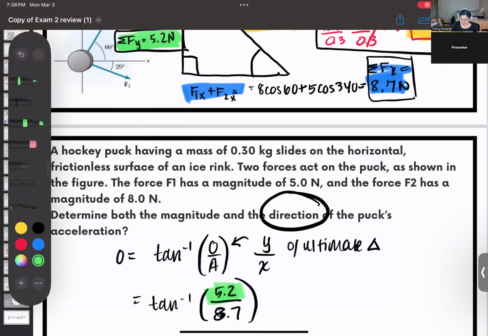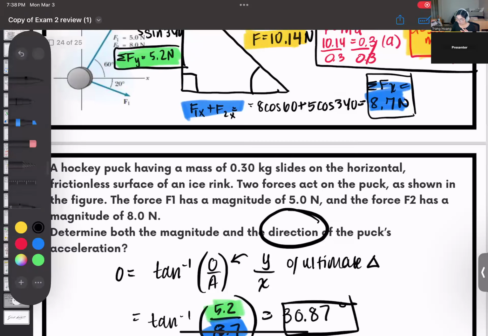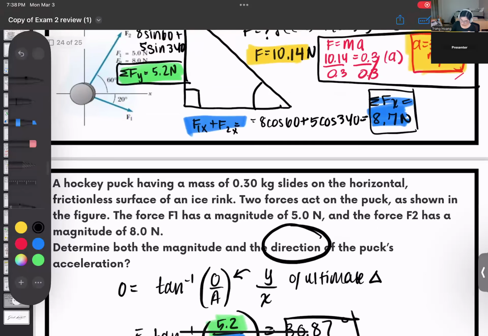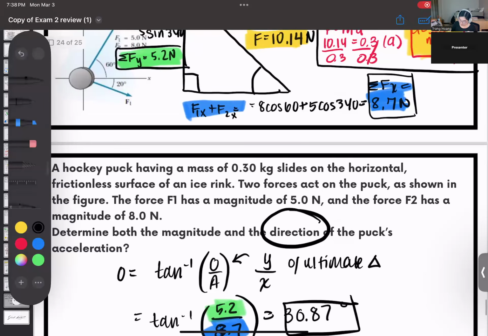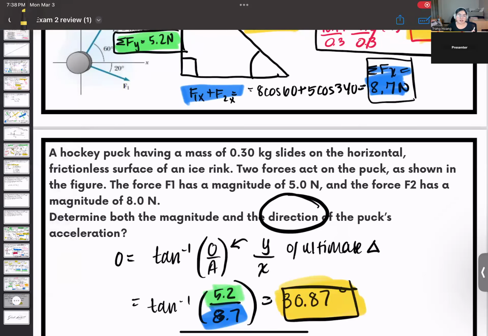Okay. And if you plug that into your calculator, you should get about like 30.87 degrees. So something around there. And so the final answer will ultimately be 33.8 meters per second squared at 30.87 degrees. And that is your direction, and we are done.